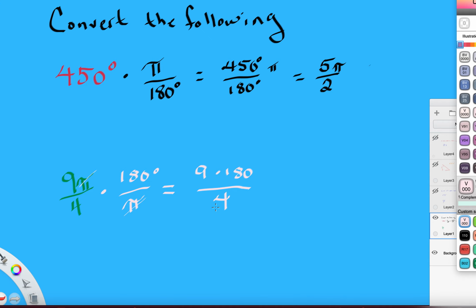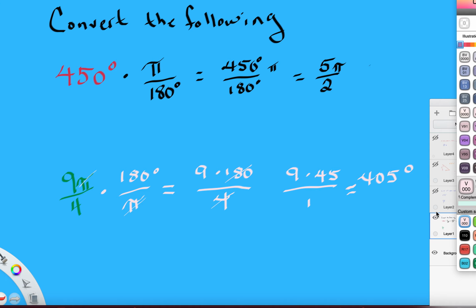But the truth of the matter is that 180 is divisible by 4. So it's 9 times 45 divided by 1. Okay, well, 9 times 4, that's 360. 9 times 5, so that'd be 405. Does that make sense? And we're all done there.